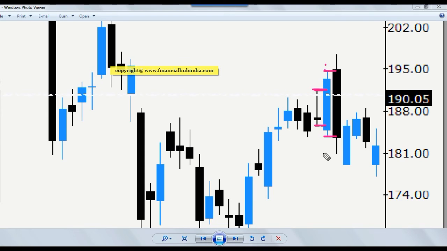isn't it? So when you see multiple outsiders all together, then you're supposed to consider the last outsider and ignore all previous outsiders. So you have one candle here, then this is an outsider and this is an outsider. So we have two outsiders for this one candle.